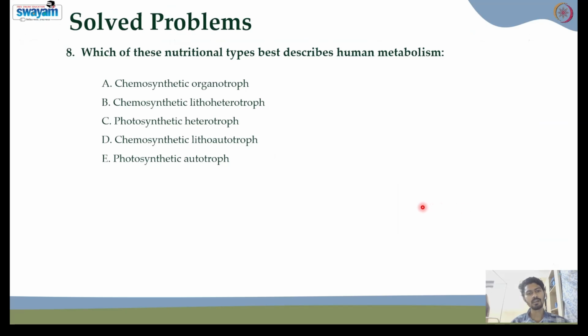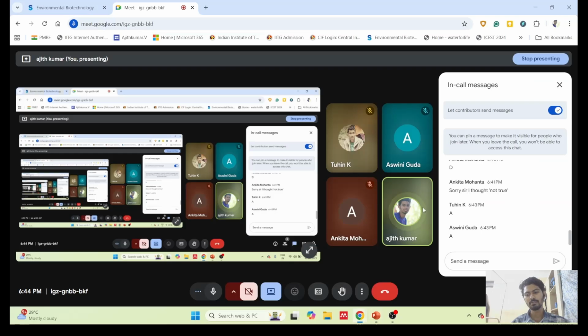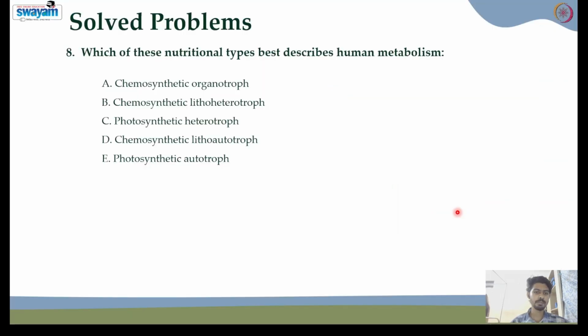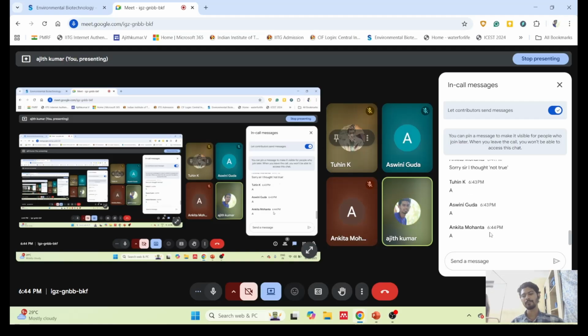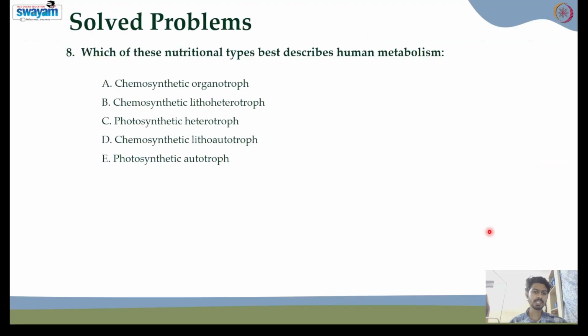Which of these nutritional types best describes human metabolism? Okay, option A, chemosynthetic organotrophs. Any other answer? Okay, option A. So what do we mean by chemosynthetic organotroph? Here, what is the carbon and energy source?